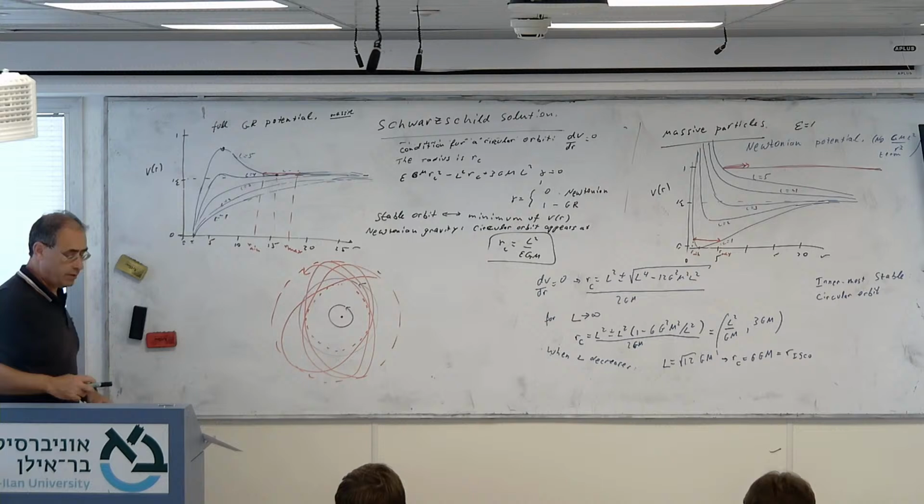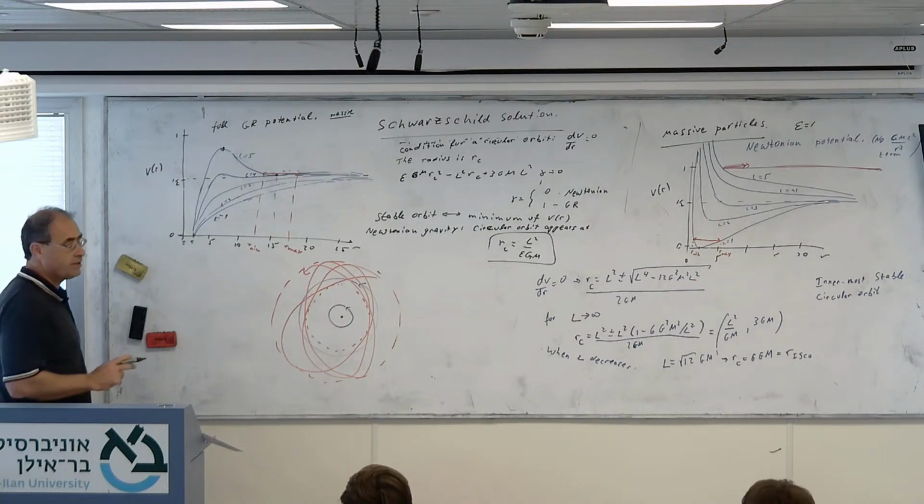These will be bound orbits. Now we can think of unbound orbits. So we have an unbound orbit.